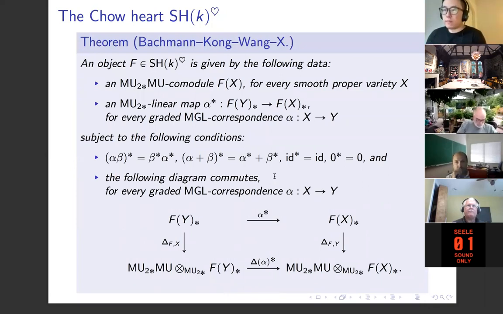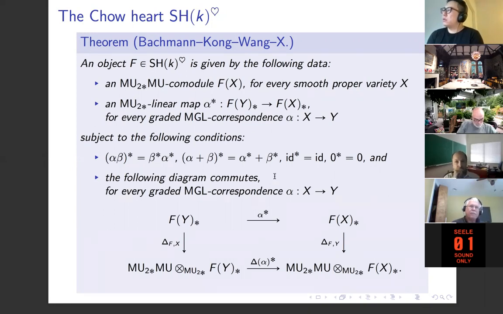So for every MGL correspondence, the X and the Y there, are those supposed to be smooth projective varieties? Yes. You take the category of MGL motives, so to speak, built out of smooth projective varieties with maps given by just the cobordism of the product.